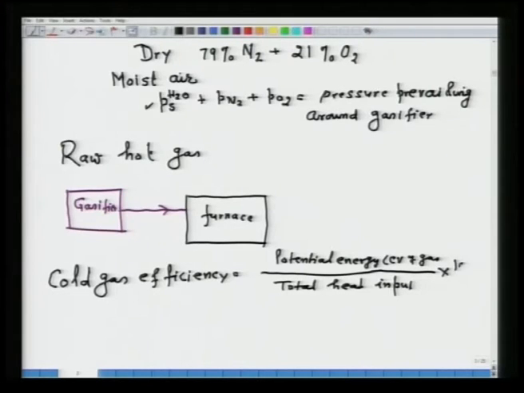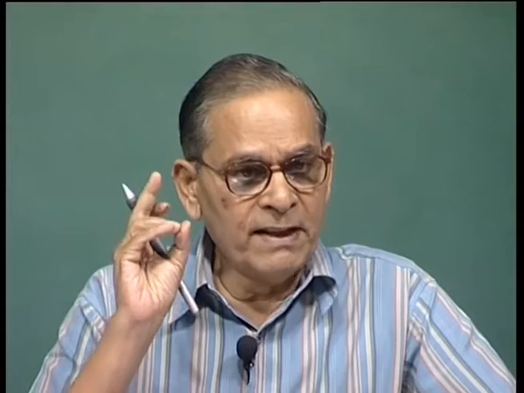Of course, you have to multiply it by 100 in order to get the percent. Now, the total heat input comprises of what? Calorific value of fuel plus sensible heat of coal if it is heated, plus sensible heat of air, plus sensible heat in steam. So, all this will correspond to total heat input. So, that is called the cold gas efficiency.